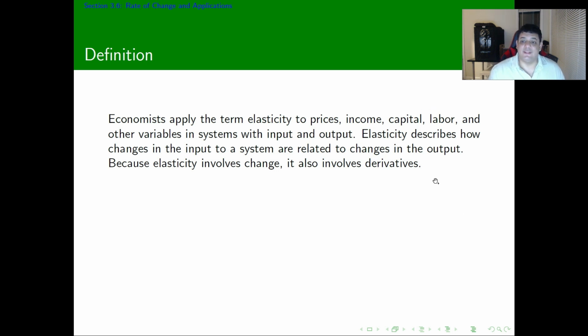The elasticity is going to describe how changes in the input are going to affect the changes in the output, which is especially good for functions like the marginal cost of something or the cost of something.